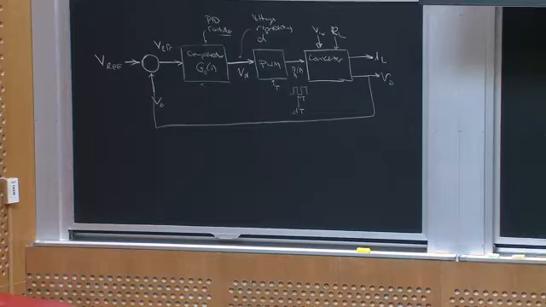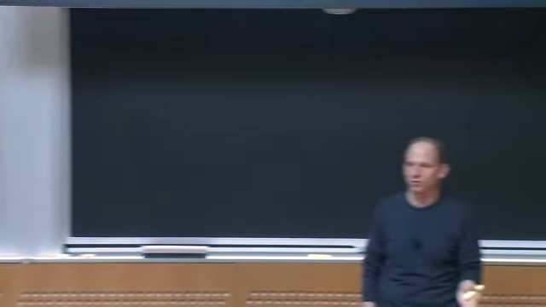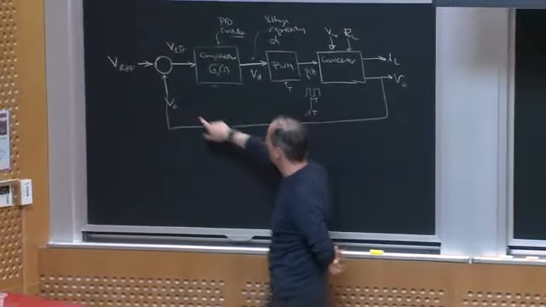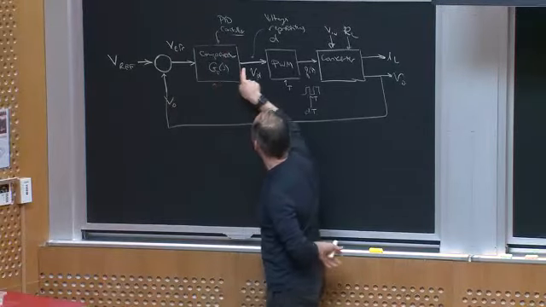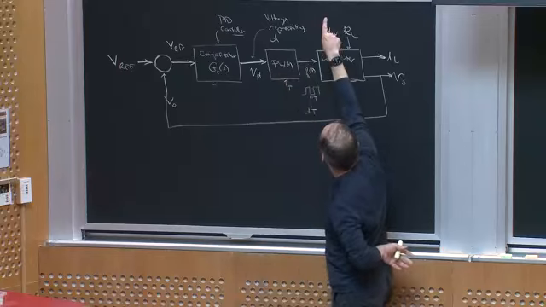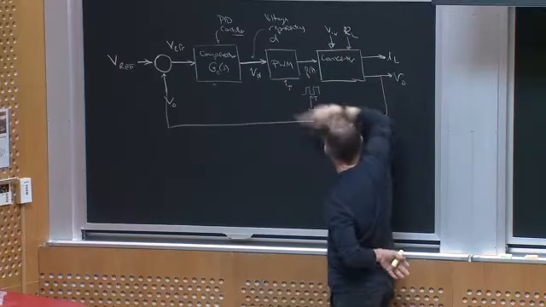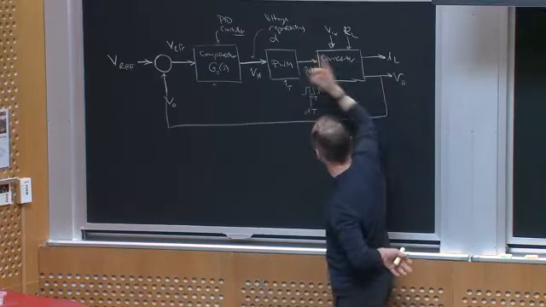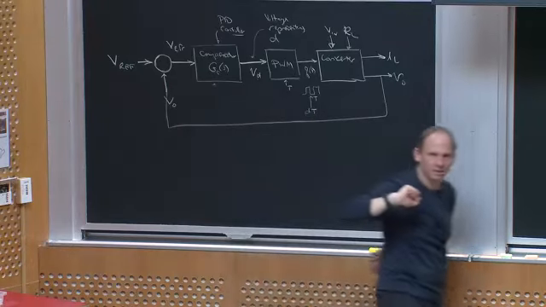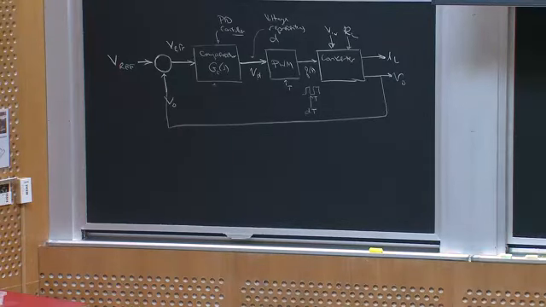So this is a typical closed loop control system. If Vout gets smaller than the reference voltage, Verror goes up, I amplify that, my duty ratio goes up, and when my duty ratio goes up, my output voltage goes up. I close the loop, and eventually, hopefully, this settles to Vout close to Vref. Any questions about that picture?